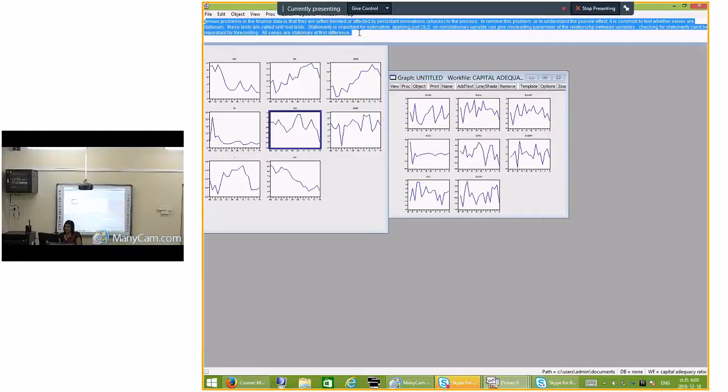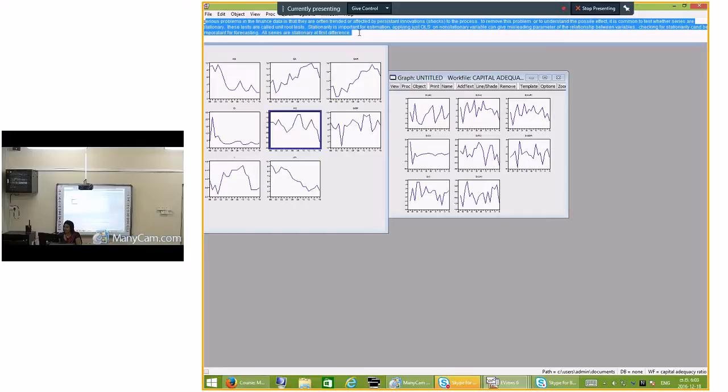These tests are called unit root tests. Stationarity is important for estimation, because applying just OLS on non-stationary variables can give misleading parameters of the relationship between the variables. Checking for stationarity is very important for predicting as well as forecasting.